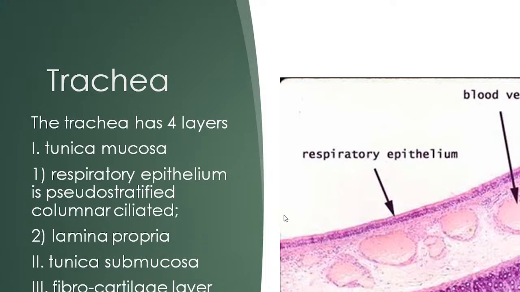In the tunica mucosa, usually in the trachea, we have respiratory epithelium, which is pseudostratified, columnar ciliated, with numerous goblet cells. It contains endocrine cells, basal cells.